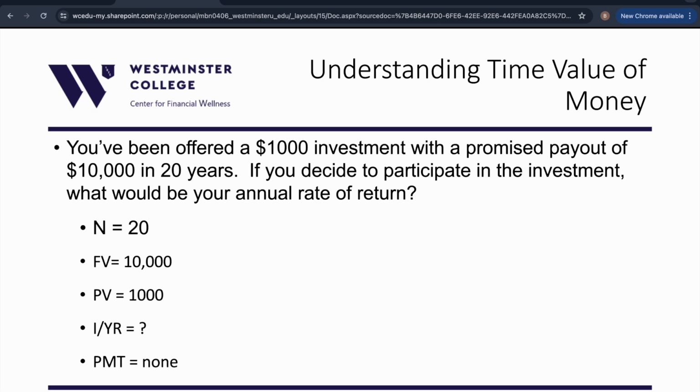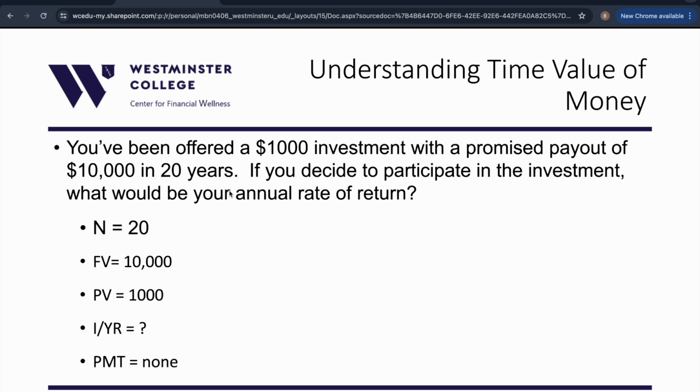So if we make a 10% rate from one investment and we make a 20% rate from another, we'll know that we should probably end up selecting the 20% interest rate. So let's switch over to the calculator and input these values.